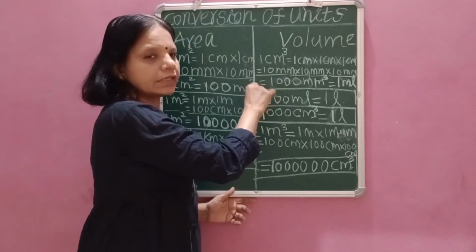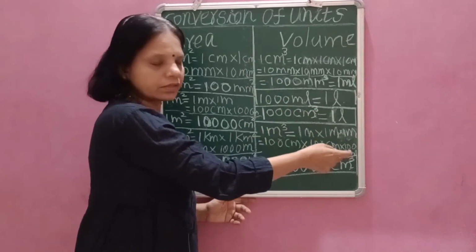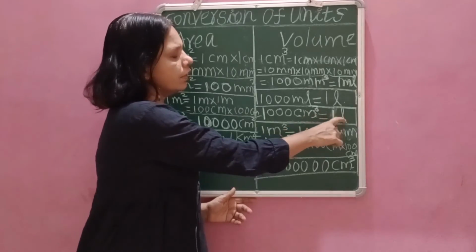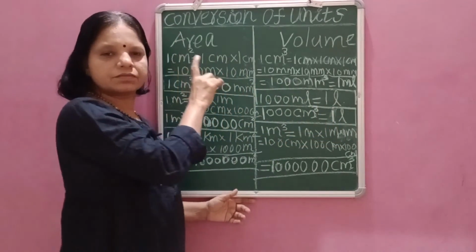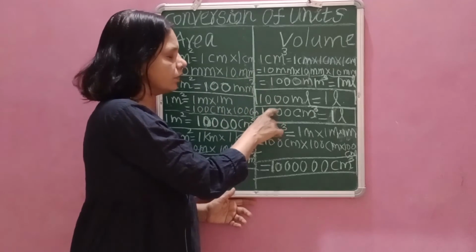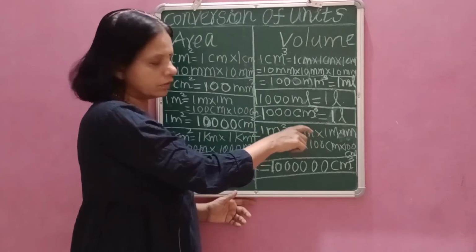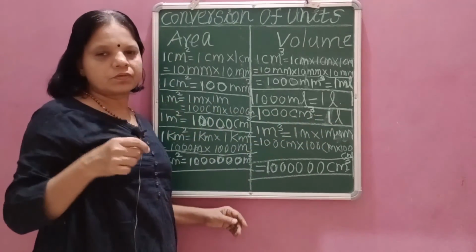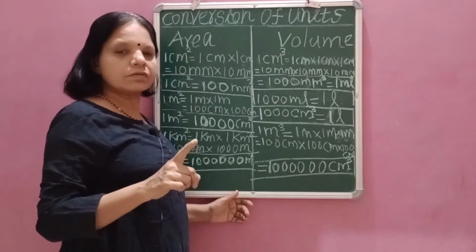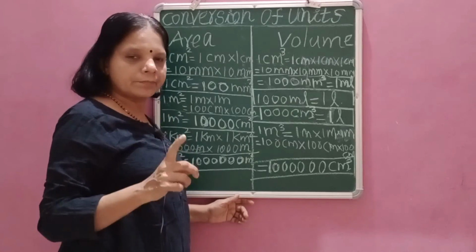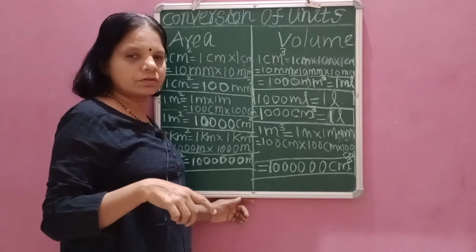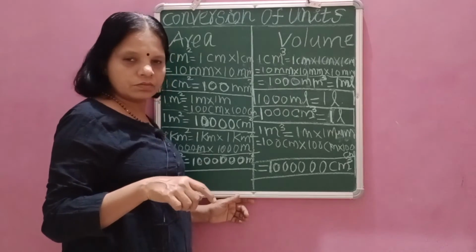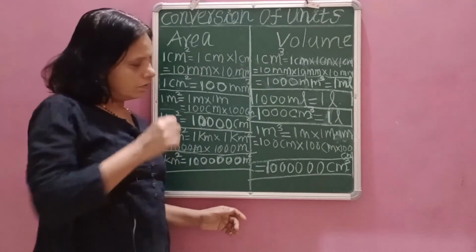So we can convert centimeter cube into liter. 1 ml equal to 1 centimeter cube, so 1000 centimeter cube equal to 1 liter. Don't get confused. 1 centimeter cube is 1 ml and 1000 ml equal to 1 liter. Therefore, 1000 centimeter cube equal to 1 liter.